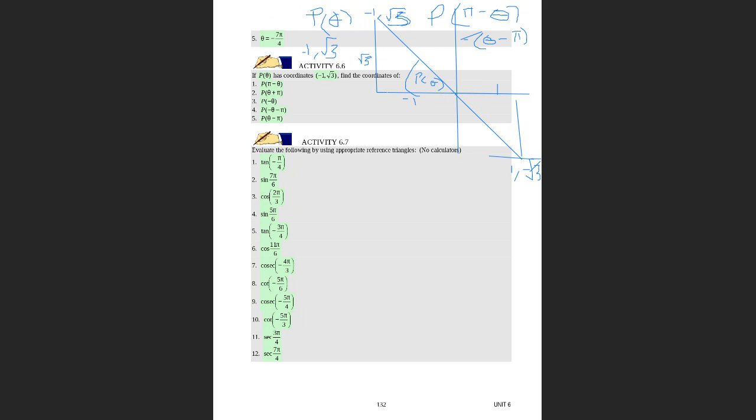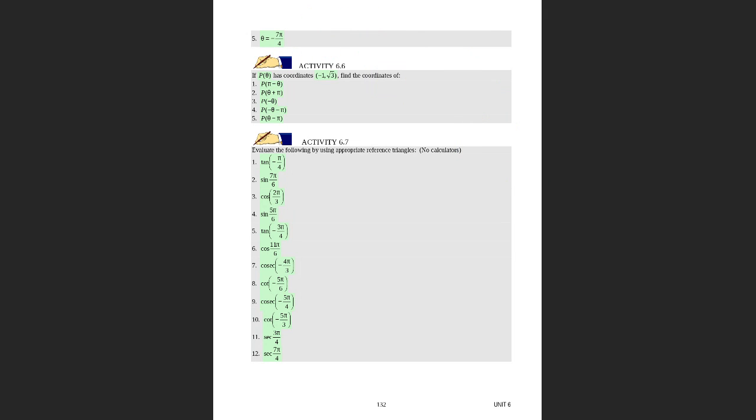Yes. Okay. Now, if we look at the second one, we still have this problem. We have been told that the point is -1 and √3.